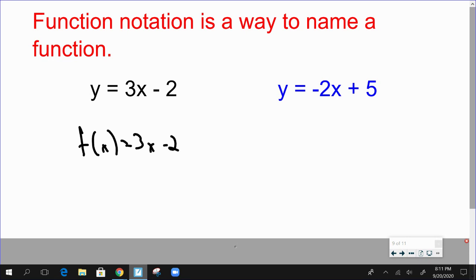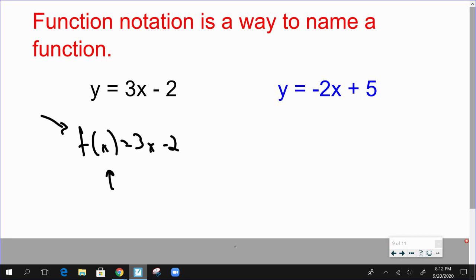So all I did is I changed the y to f of x. Now what this means is the function named f using the independent variable x is equal to 3x minus 2. That's all it's asking us to do. This is just the name. This is just the variable in the problem. That's all that it is.